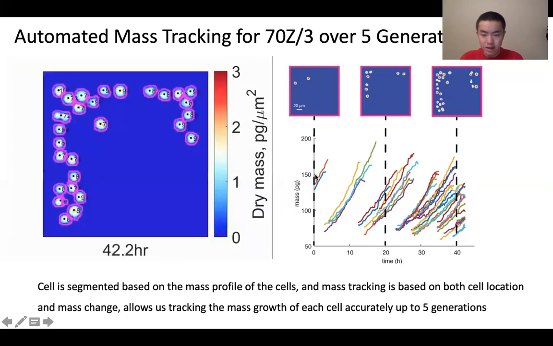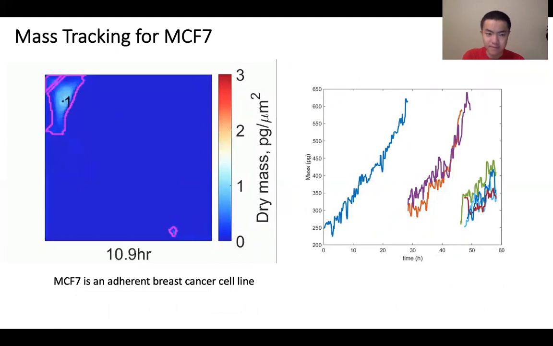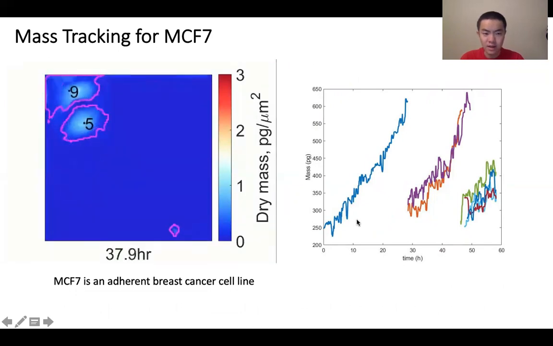The end result looks like this, where it shows the mass growth profile for each cell. And we did a similar thing with MCF7, an adherent breast cancer cell with rapidly changing morphology. And we can also generate the mass profiles over time, similar to the previous 70Z3 cell line.